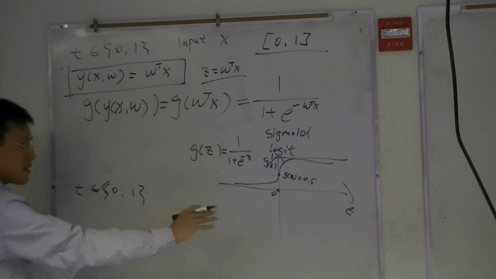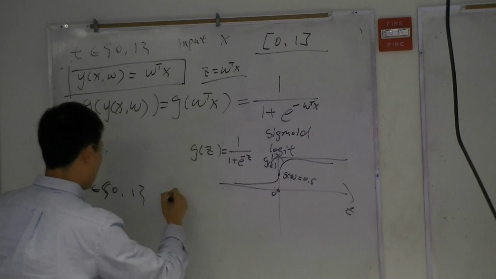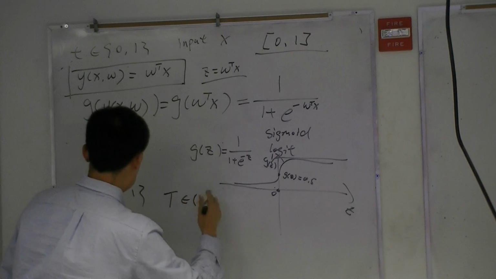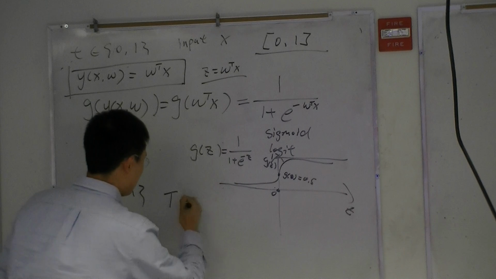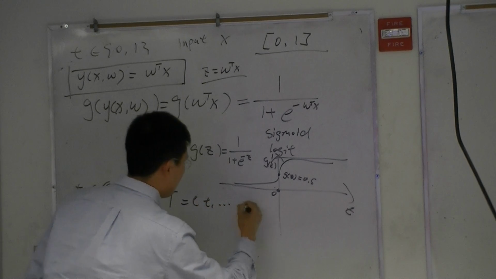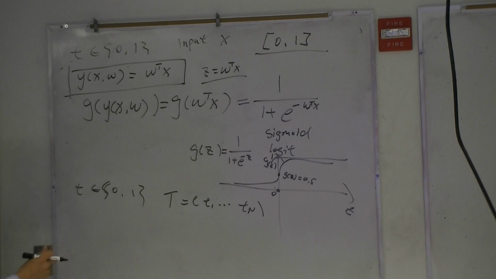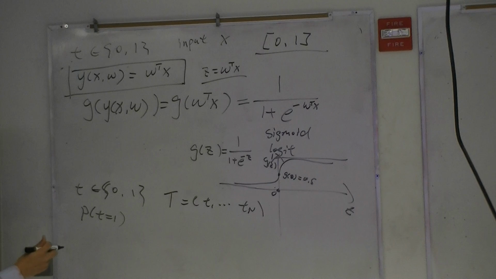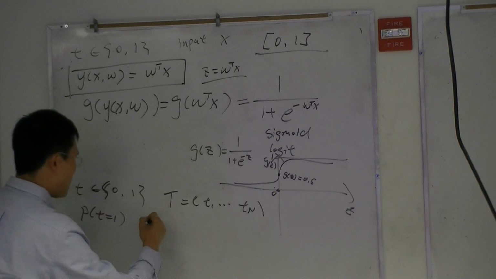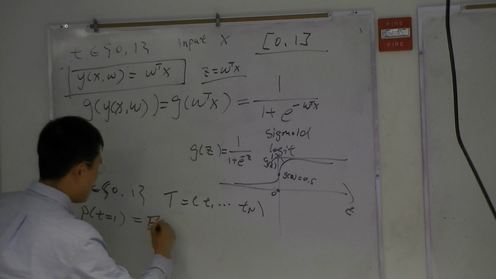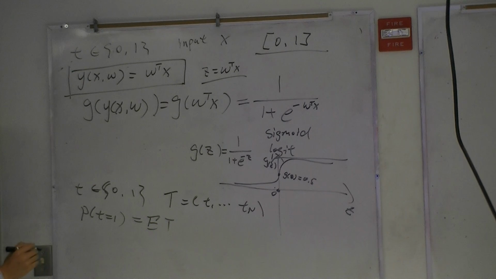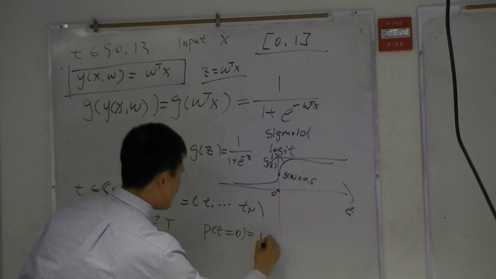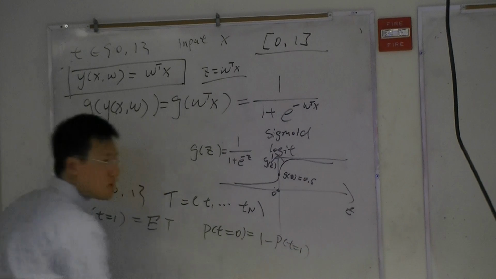So if we have a training set, maybe capital T, T1, T. So the probability of T equal to 1 is the expectation of T1, and the probability of T equal to 0 is just 1 minus the probability of T equal to 1.